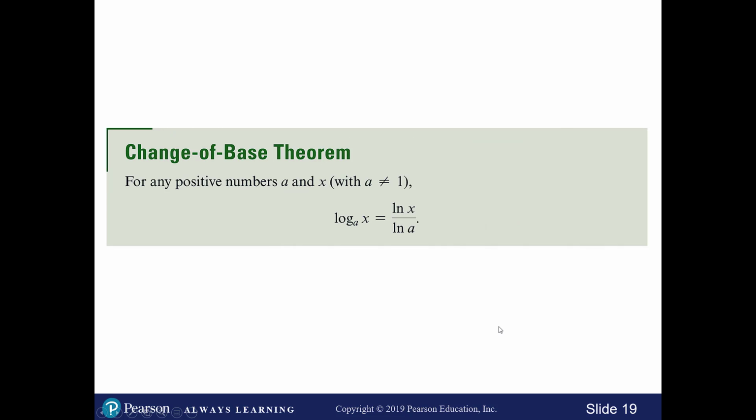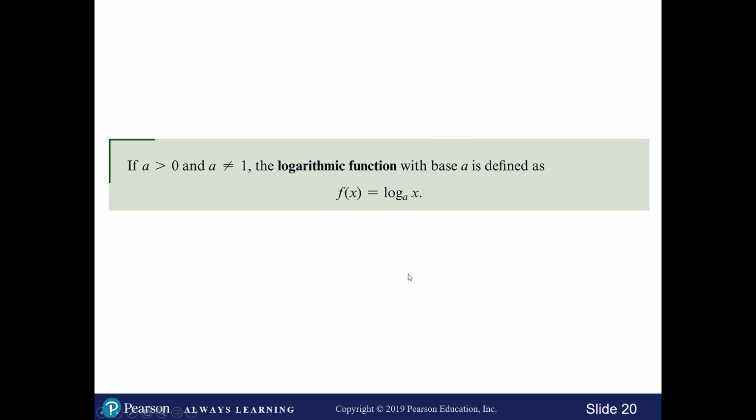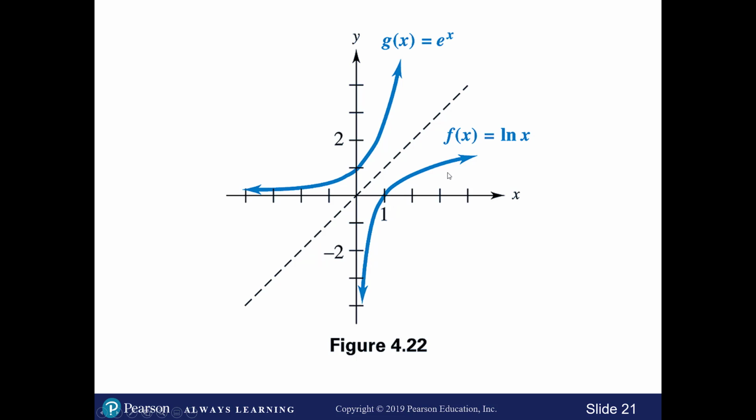If we want to change the base, we have a change of base formula that we can use. And once again, we're going to define this as an actual function. But it is very important to note that a logarithm and an exponential are inverses of each other. That's why we have this look where the line y equals x just cuts them right in half.